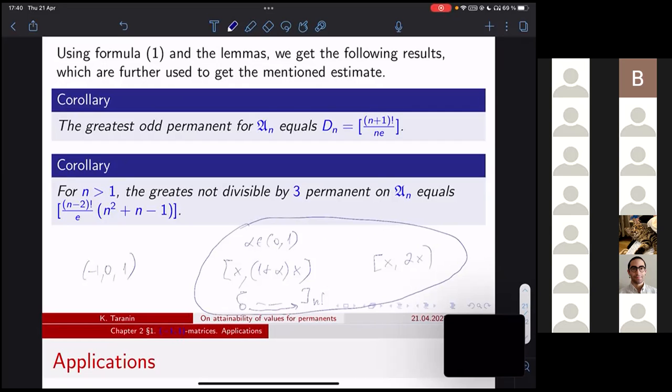This brings together all the difficulties that we have with 0-1 matrices and -1, 1 matrices. So there's another set of problems here.